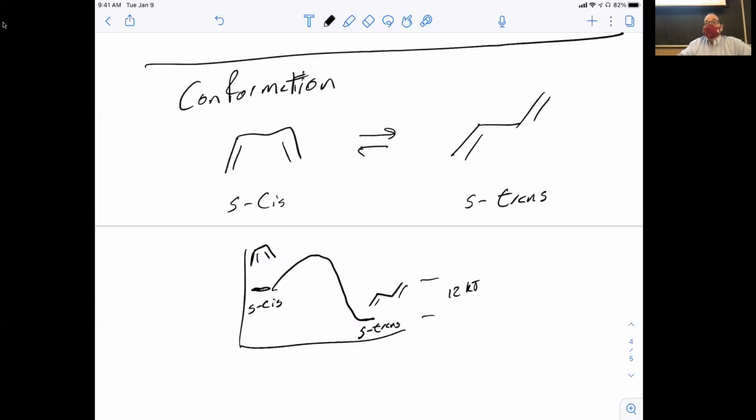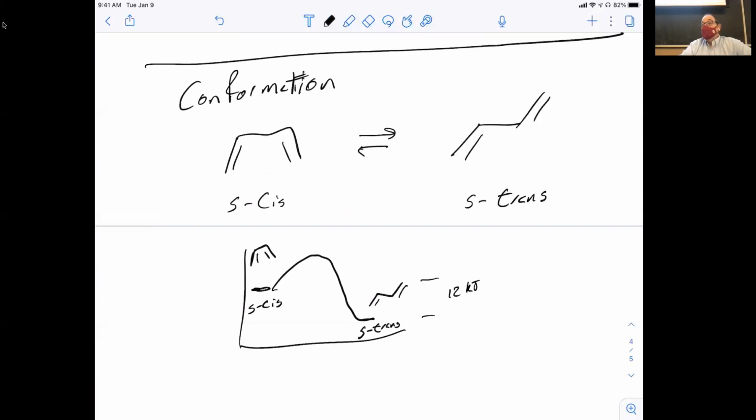And 12 kilojoules needs a relatively decent temperature, but it's not anything extreme. Rotation of a methyl around a methyl is about 3.6 kilojoules, so we're not talking about a bunch. This would be about like an isopropyl group rotating. So this is going to be able to go back and forth, and that'll be important when we get to some of our reactions. But you should be able to identify S-cis and S-trans.